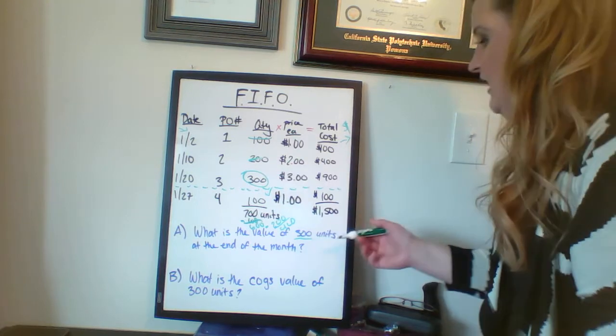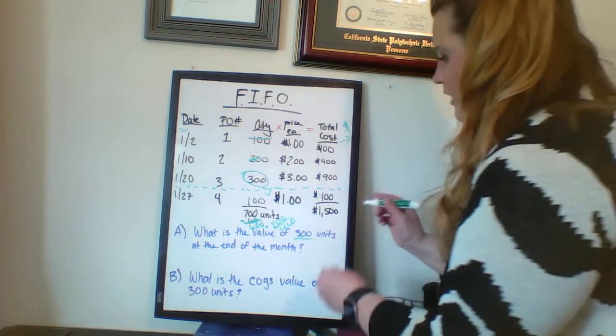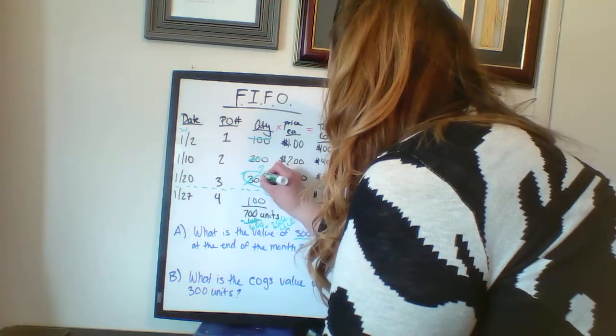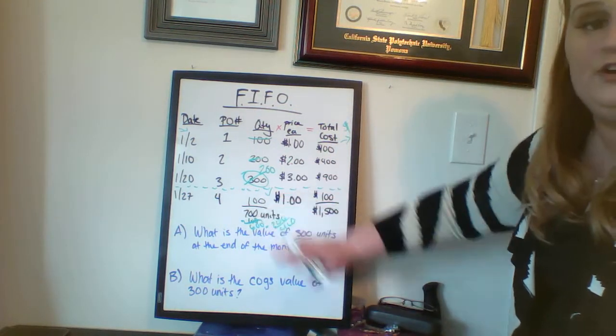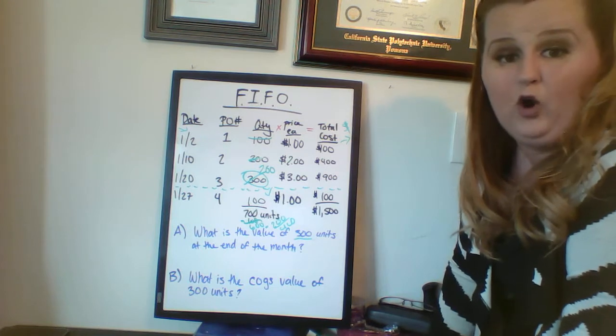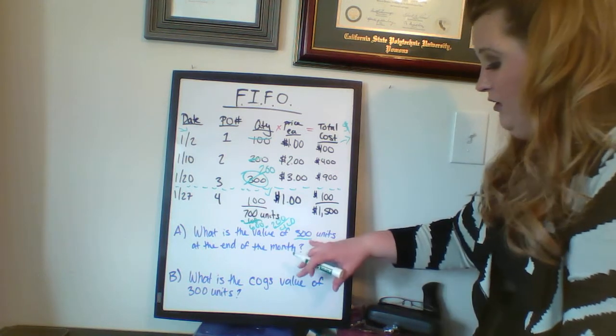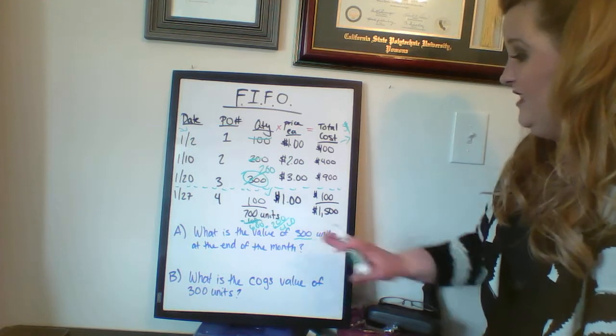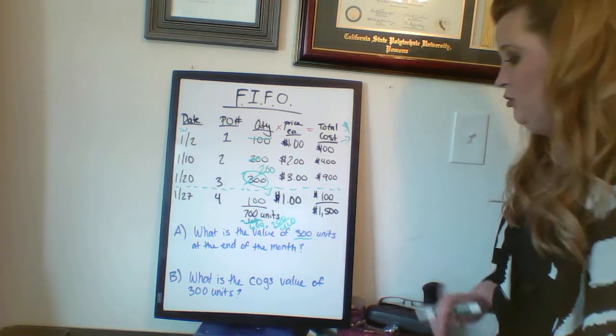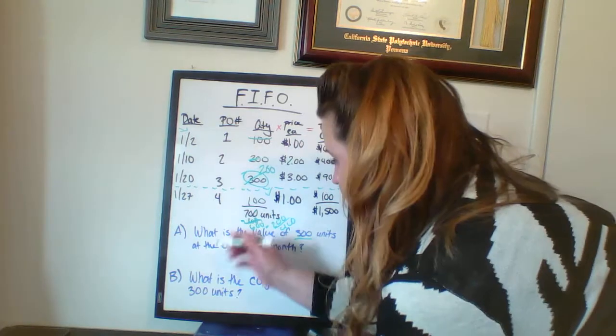So we're going to cross this out, and we're going to have left, instead of 300, 200 units, okay? So this 200 units plus the 100 units left from PO4 means that we have found our 300 units, okay? Now we're going to have to do the math. So the math is this: 200 units times $3 a unit. I'm going to do it down here.